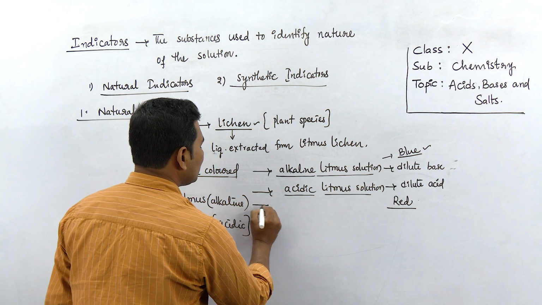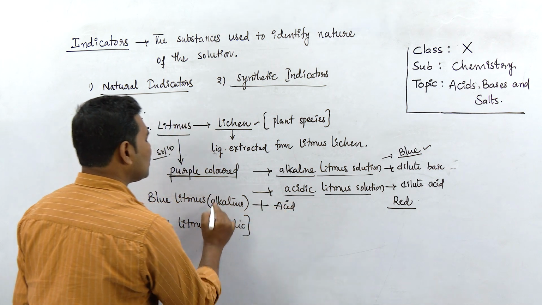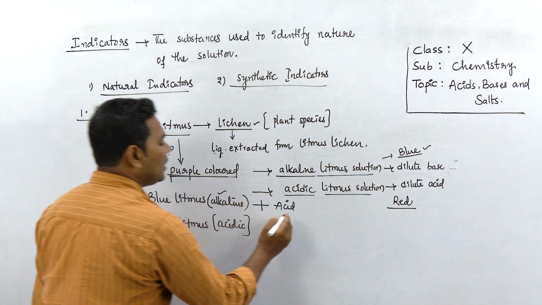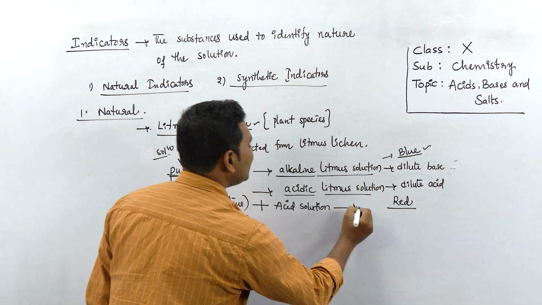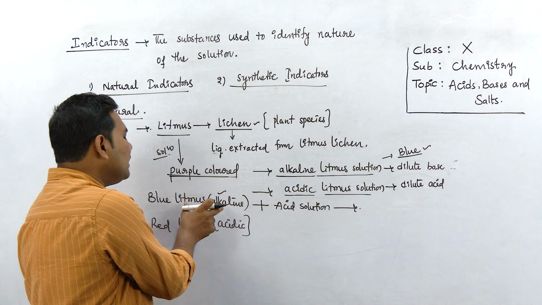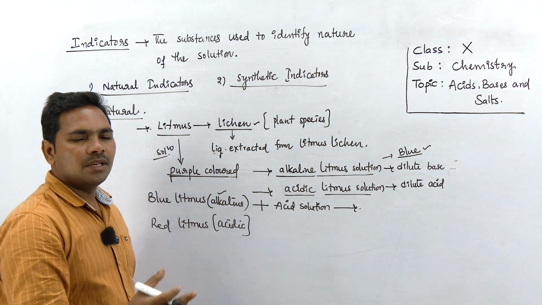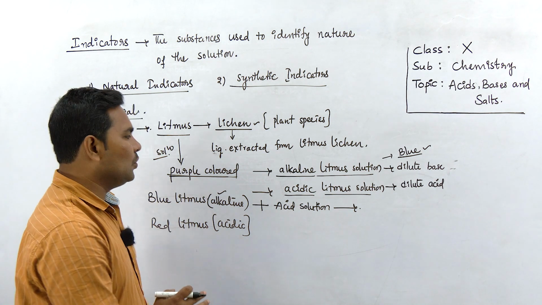This blue litmus and red litmus solutions are now used to identify the nature of a substance. Firstly, blue litmus is alkaline. When this blue litmus is added to acid solution, a chemical change takes place in the structure of the litmus. Because of this chemical change, there is a change in the color of the solution.